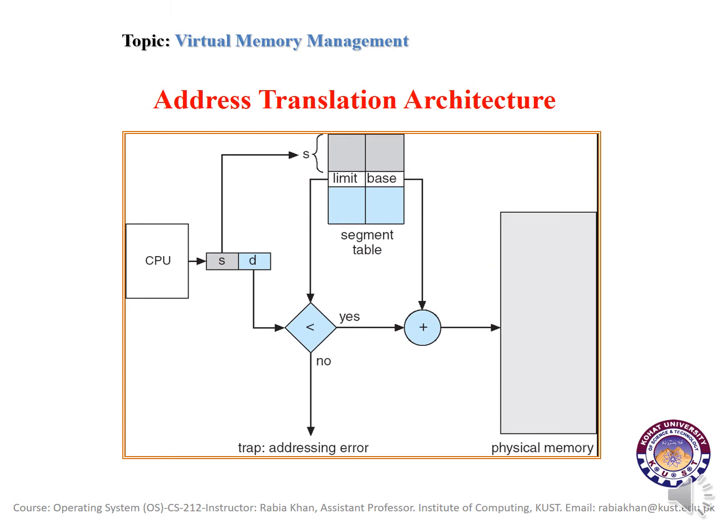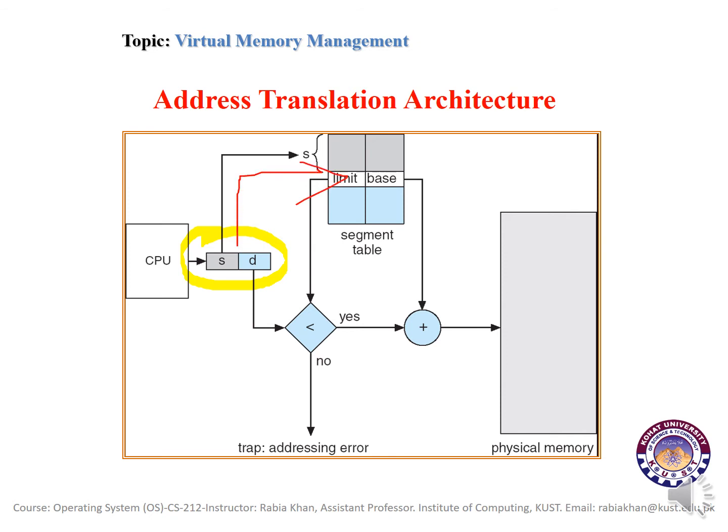The diagrammatic representation of the translation process is now in front of you. The CPU generates the logical address. Here is the logical address consisting of the segment number and the offset within the segment. The segment number is indexed with the segment table to obtain the starting physical address of that segment along with its size.